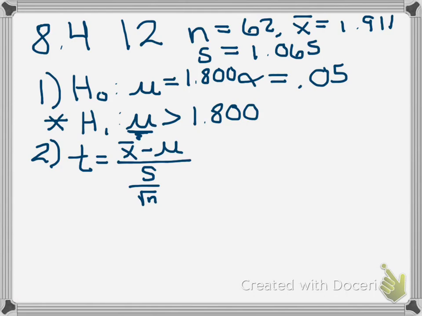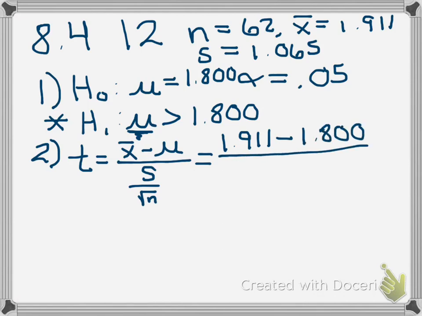Remember you have to write the formula, then I'm going to fill in the values. X bar is 1.911, that was given in the problem, minus mu is 1.800, that was given in the problem, divided by S, which was 1.065 given in the problem, divided by square root of n, square root of 62 given in the problem.